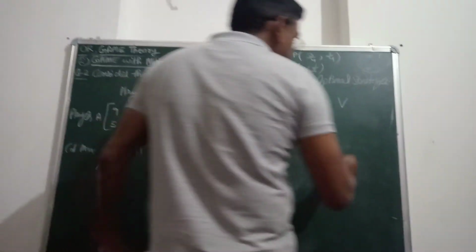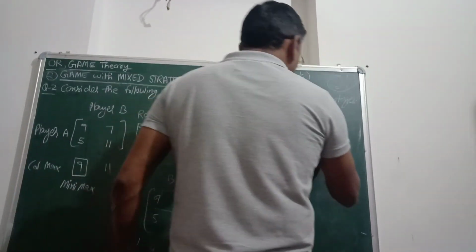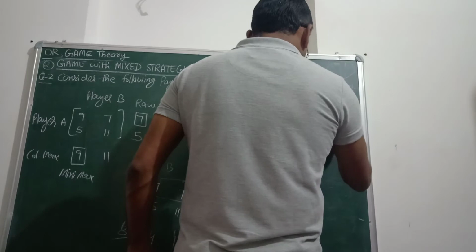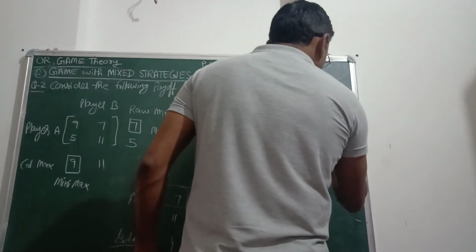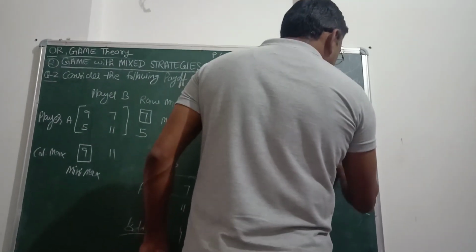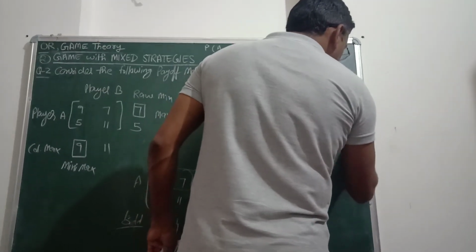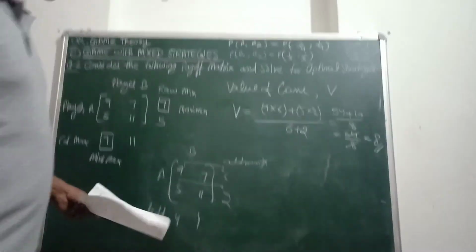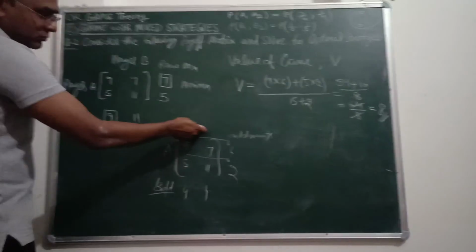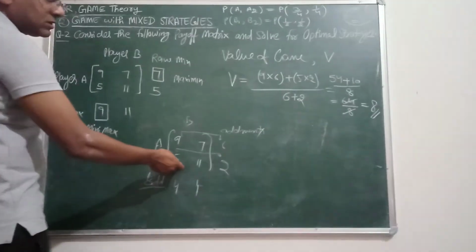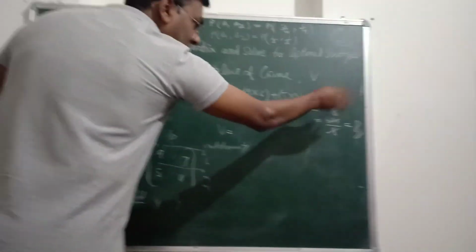Now you will see that this is 54 plus 10 upon 8, which means 64 by 8. This is 8. So the value of the game is 8. Let us check using the same formula for B also. Using B, you will find that the value will again be 8.